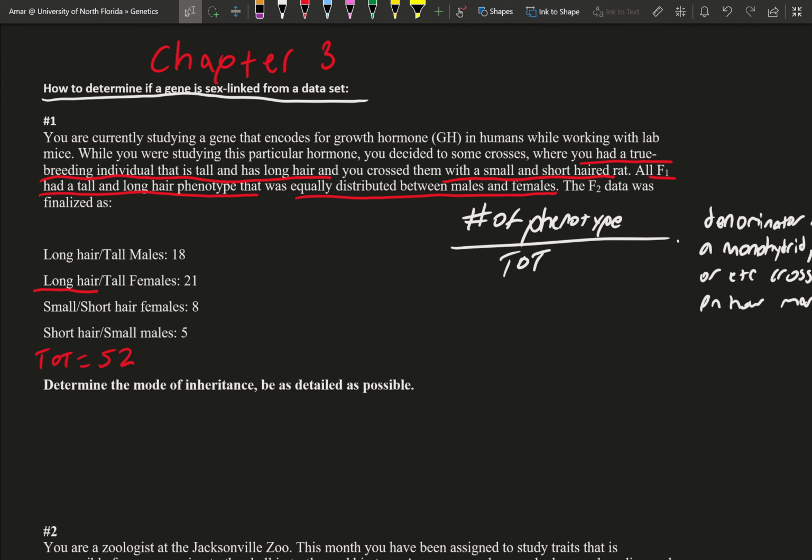Is first, make each trait independent of one another. So basically what I mean by that is we would only look at the long hair versus the short hair first. So what we have here is the number of long hair males is 18 versus the short hair is 5.